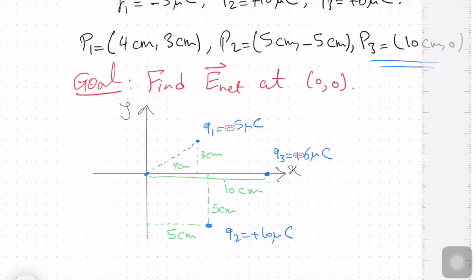And I know that the electric field is going to be on that line. Now, because my charge is negative, the electric field is going to be pointing towards my charge, which means that E1 would look something like that. Okay, done. Now I'm going to do the same thing for Q2.